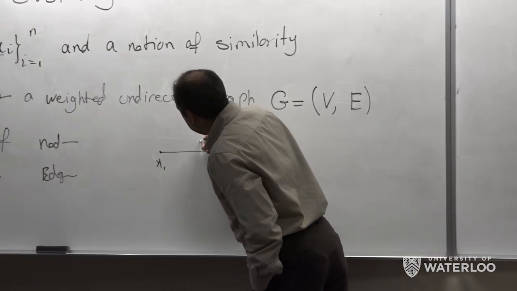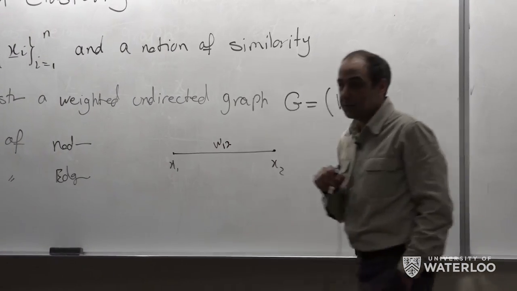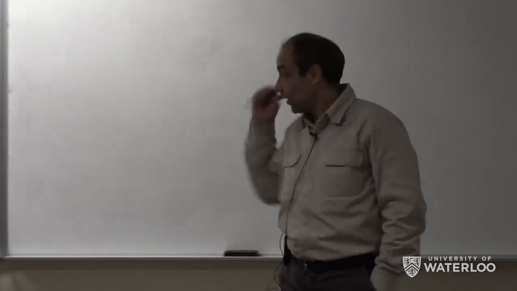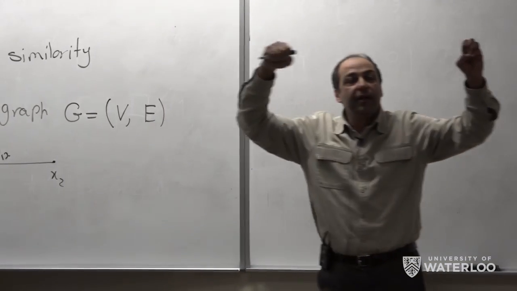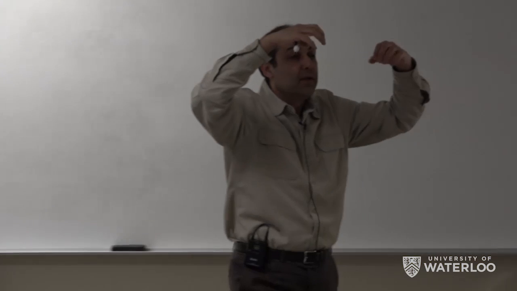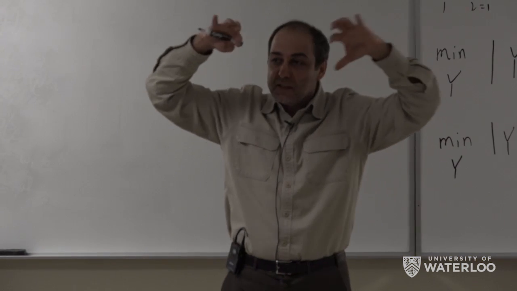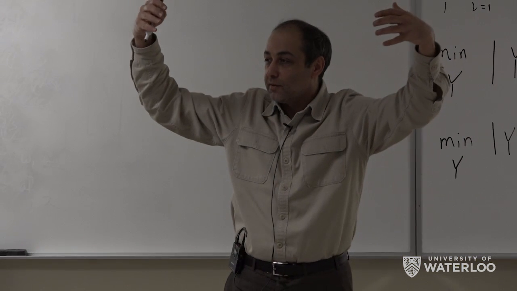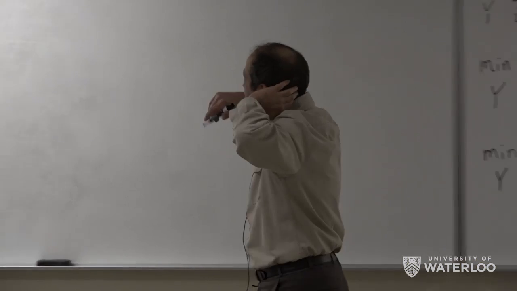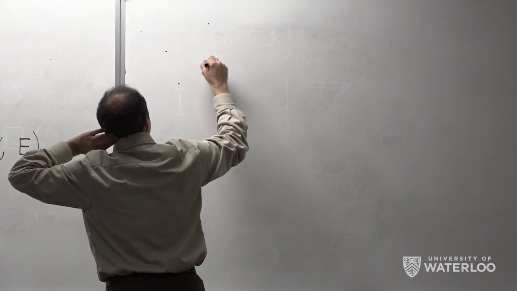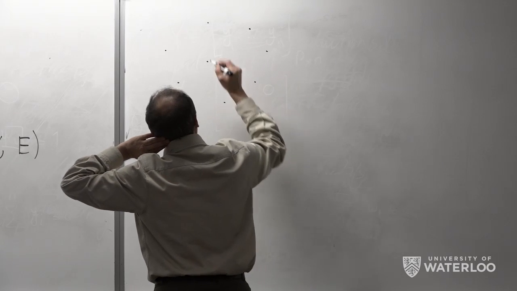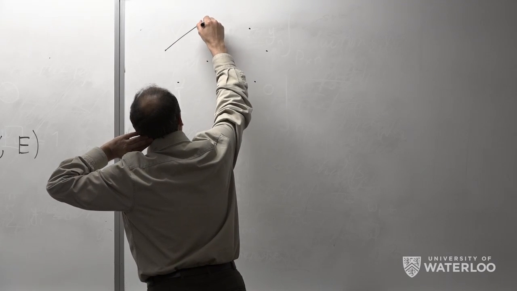And there is a weight here, which shows the similarity between points. Okay? Okay, I have this graph, and I want to cut this graph to two parts.